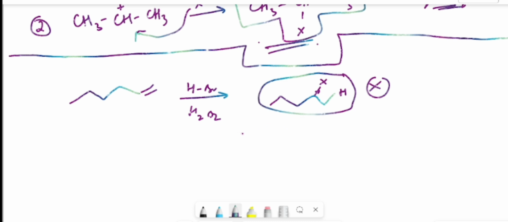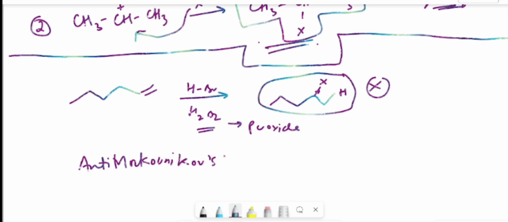What is actually here, the additional thing is this H2O2, or we can say here is a peroxide. In the presence of peroxide, the anti-Markovnikov's rule is being followed. So what is anti-Markovnikov's rule?